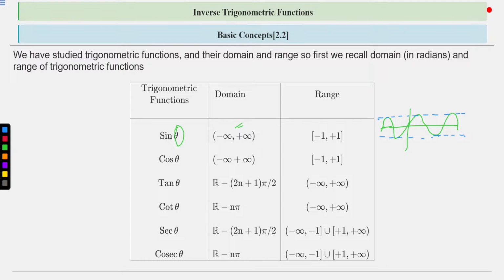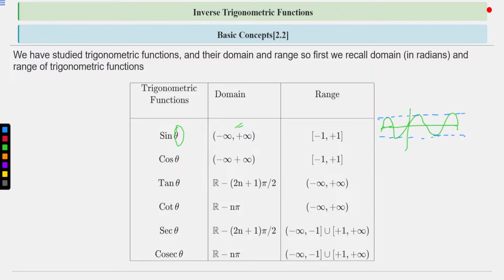You can put any values of theta while defining the cos theta. That is, you can put cos 2 degree, cos 2 radian, cos 5 radian, cos 7 radian. In fact, in minus also, cos minus 7 radian, like that. Got it? So cos theta will always be defined for any value of theta.